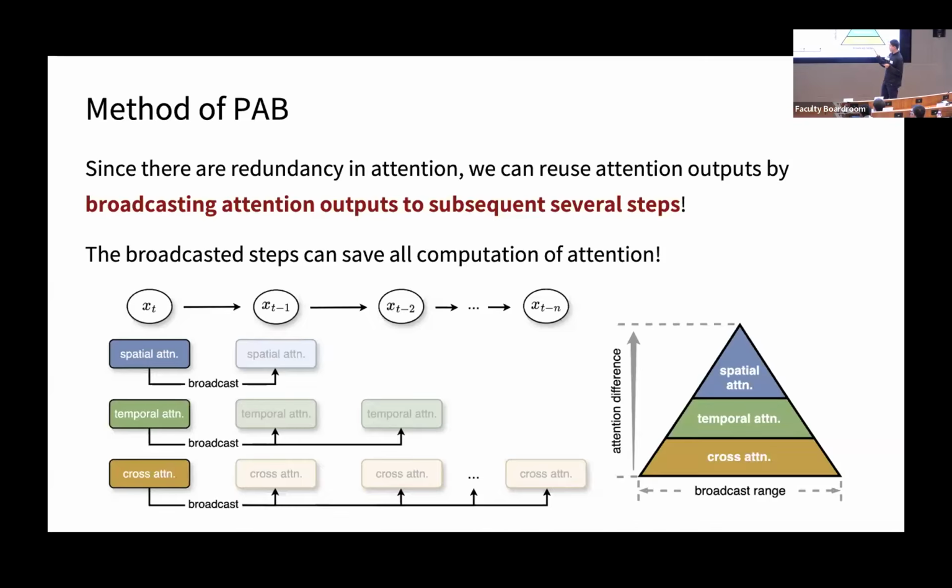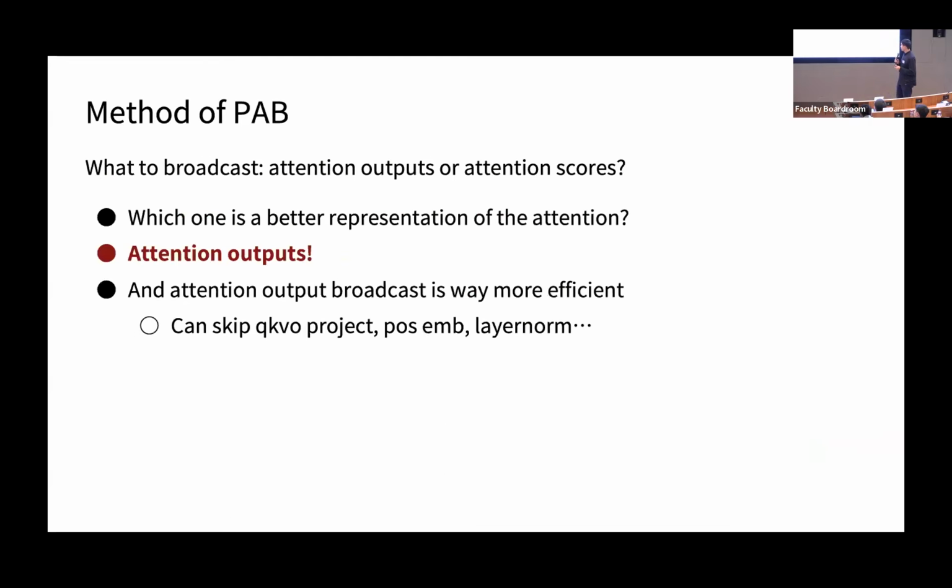And for the temporal attention, maybe we do the computation once and use it for 3 times. You see, for different attentions we have a different broadcast range, and the structure of the broadcast range is just like a pyramid. And we can just broadcast the attention outputs to make it easy to implement.